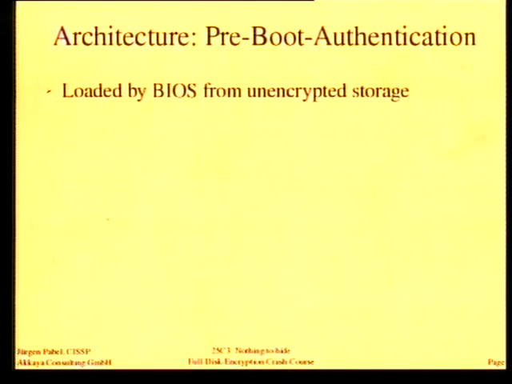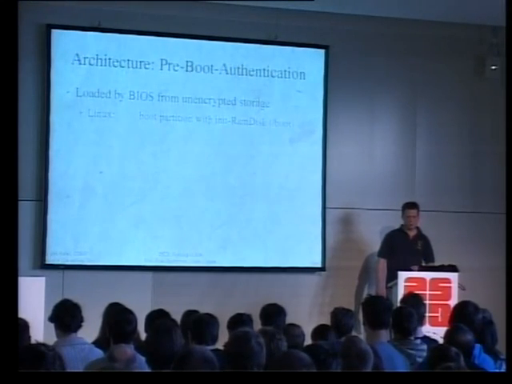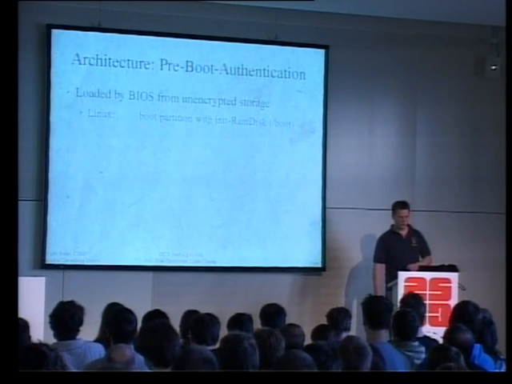It gets loaded by the BIOS from unencrypted storage. In most cases, this will be your MBR on your hard drive and some other area, because the MBR is not big enough. So with Linux, it's a little bit different.